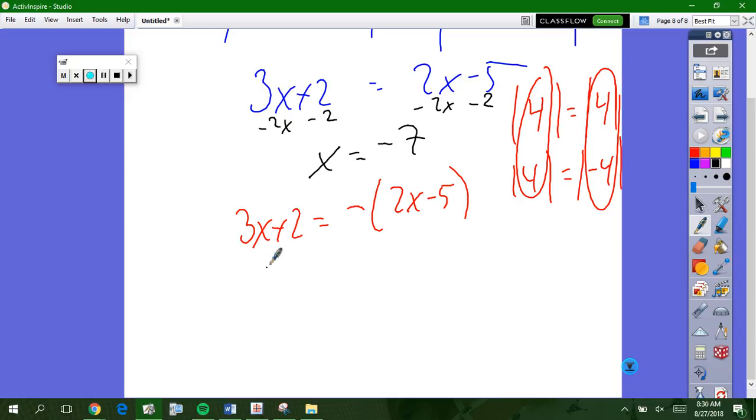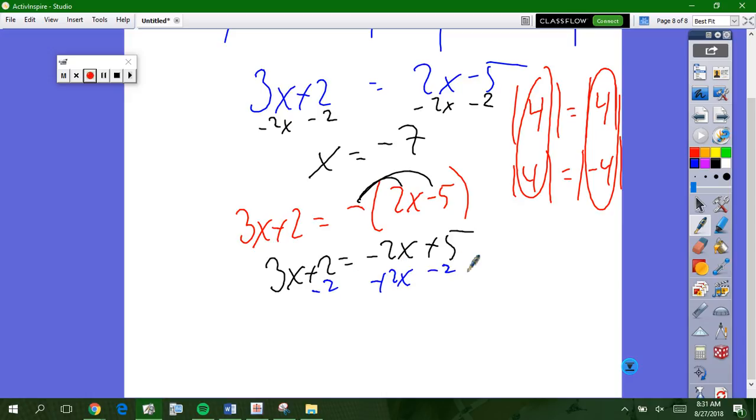Okay, this one I have a little work first to do. Distribute them through. Combine like terms. I'm going to add 2x and subtract the 2.